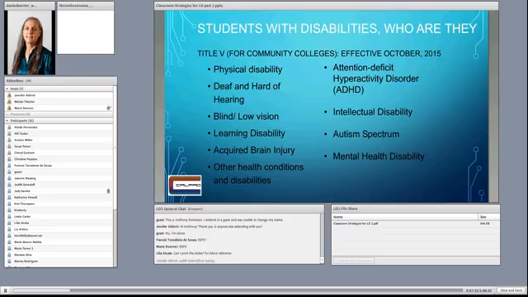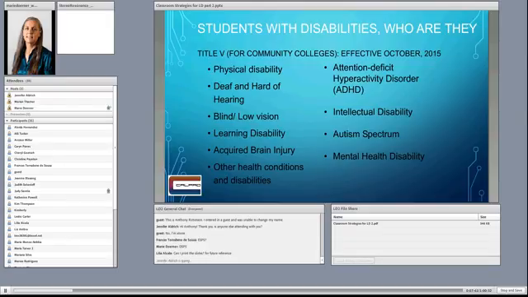So besides learning disabilities, there are many other disabilities that your students will come to you with: physical disabilities, deaf and hard of hearing, blind, low vision, learning disabilities, acquired brain injury, other health conditions, ADHD.